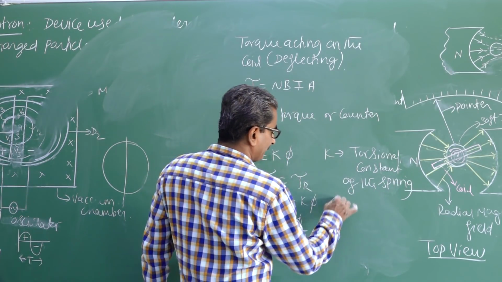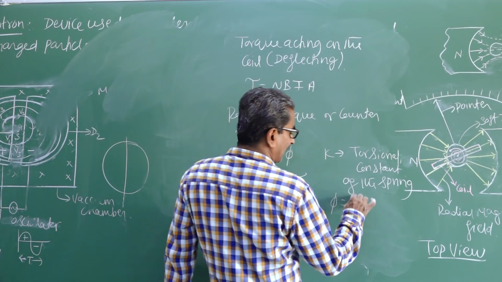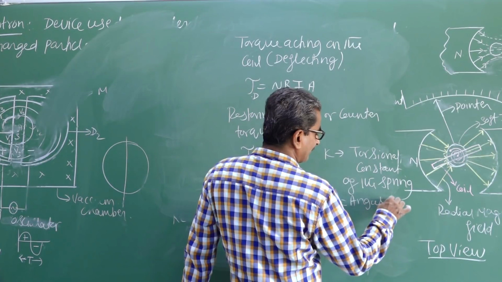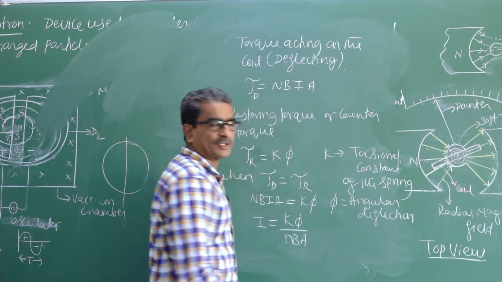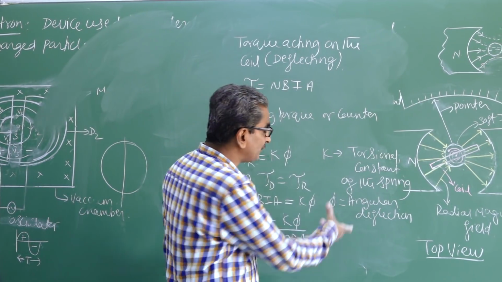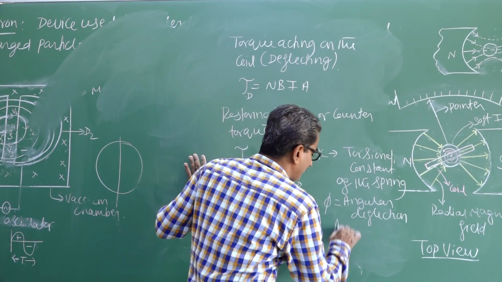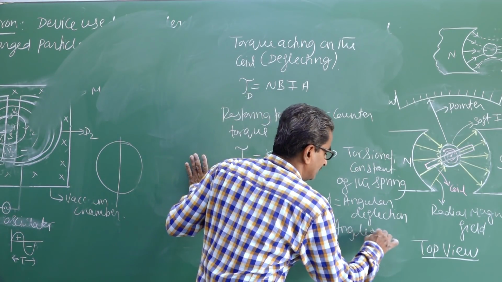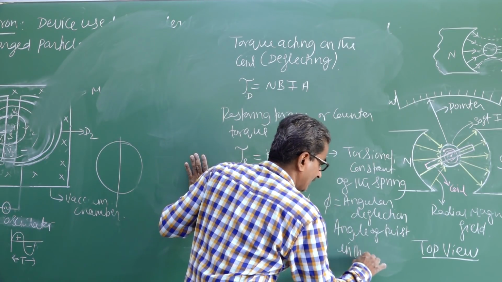Then what is phi? It's nothing but angular deflection of the coil, or the angle of twist produced in the spring.